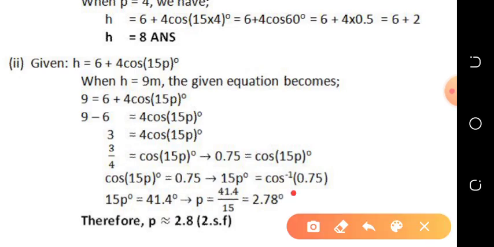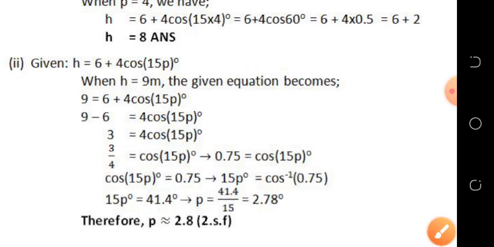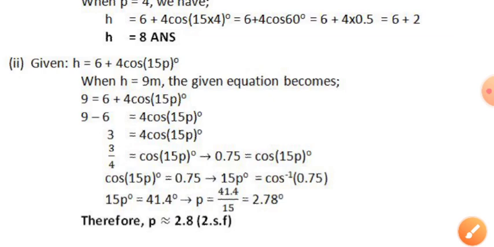Cos inverse of 0.75 gives us 41.4 degrees. So to find P, you divide both sides by 15. You have that P is equal to 41.4 divided by 15. Now there you have 2.78 degrees. Therefore, the value of P is approximately 2.8 to 2 significant figures.